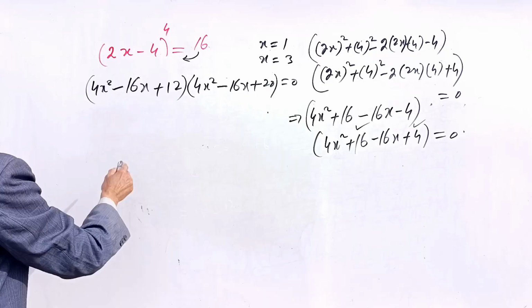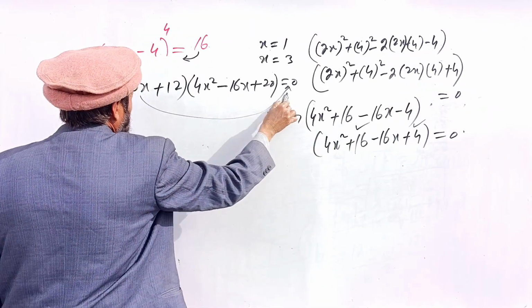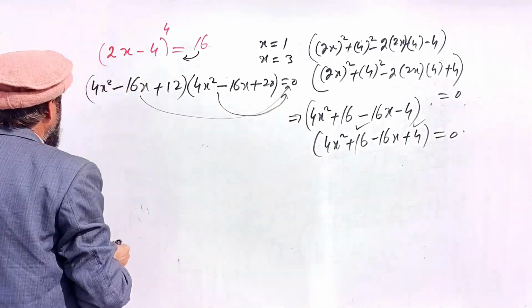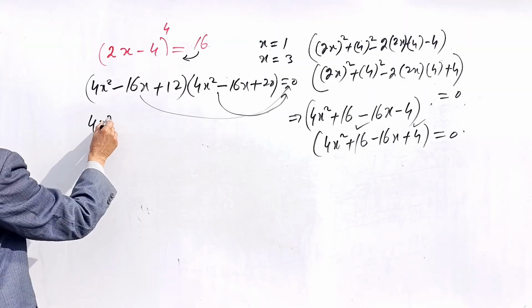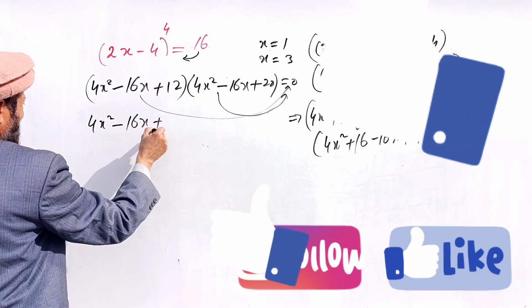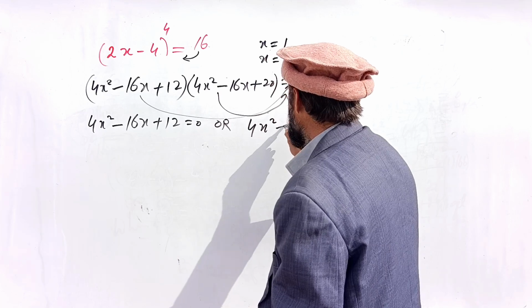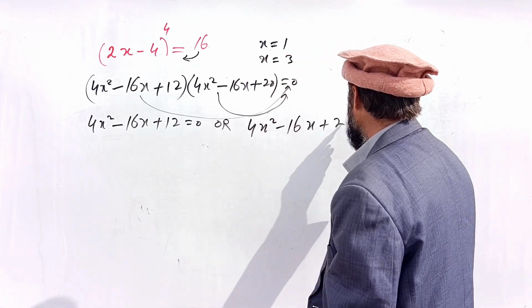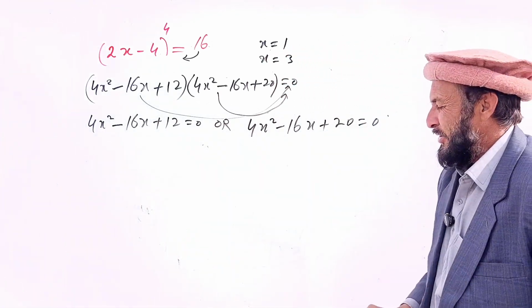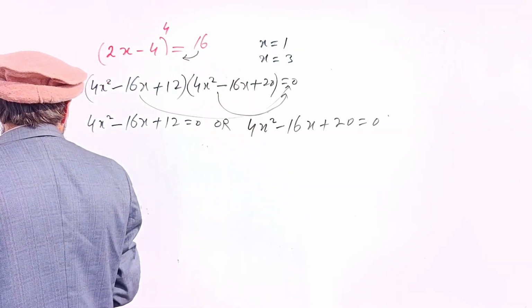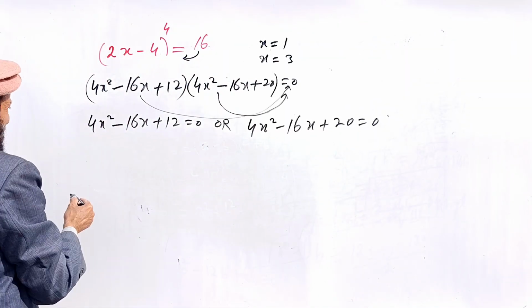Now this equation is equal to 0, and this equation is also equal to 0. We compare with the quadratic form: 4x square minus 16x plus 12 is equal to 0, or 4x square minus 16x plus 20 is equal to 0.